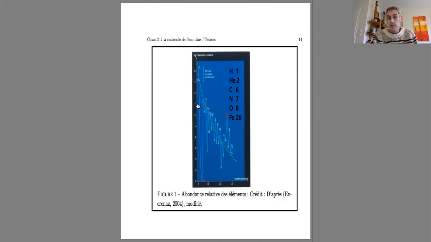So that explains the large relative abundance of carbon here, sort of bypassing these lithium, beryllium, and boron. If you really remember the details, you might remember that beryllium was an intermediate step in the triple alpha process of converting helium to carbon.